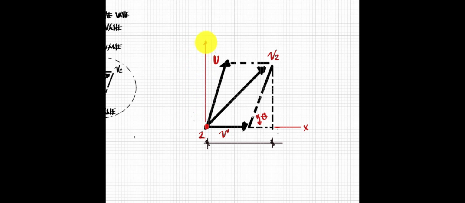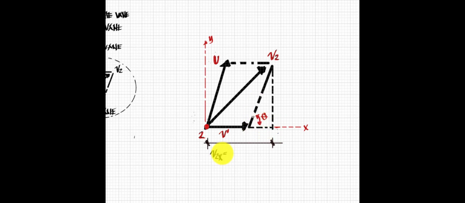So I have my y. Now for our x component of velocity, this will be b2x. That will be the distance of b prime plus the x component of this angle.